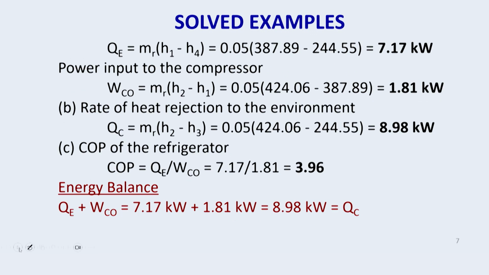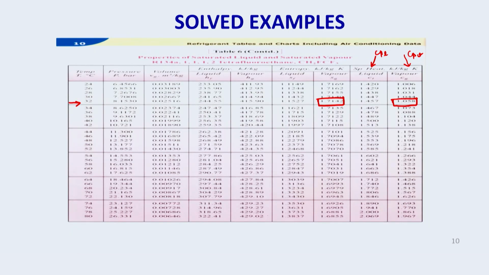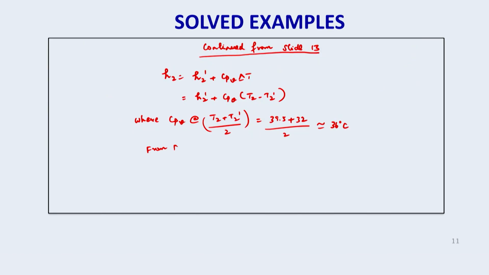If you go to the table, this is 36, and the last column is specific heat capacity of vapor. So 1.088 from the R134A table. At 36 degrees centigrade, Cp of vapor is equal to 1.088 kilojoule per kg Kelvin.